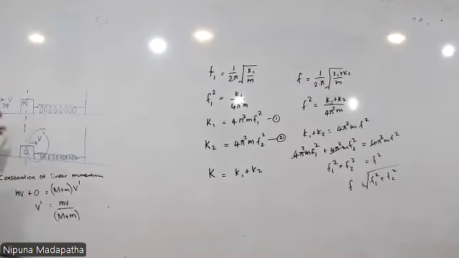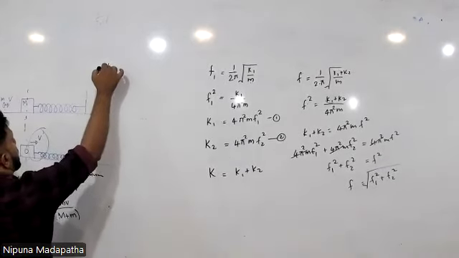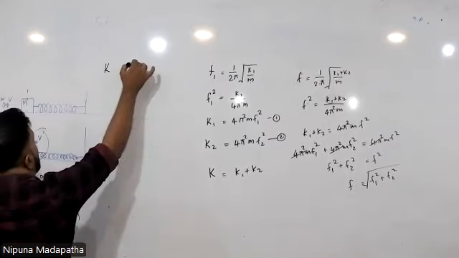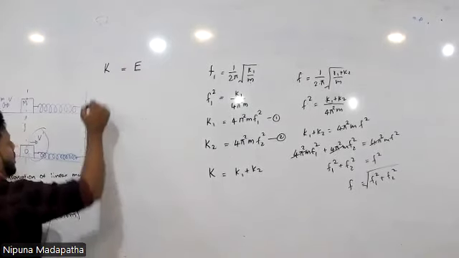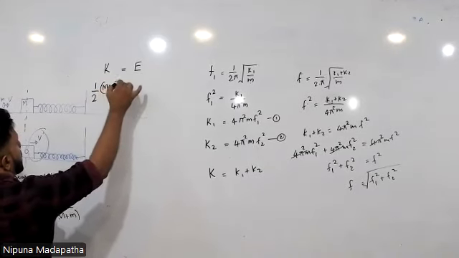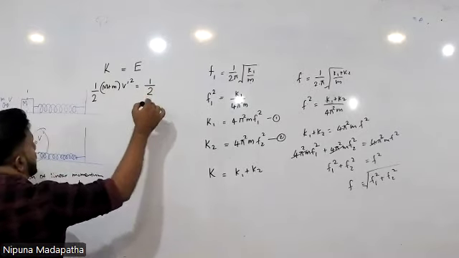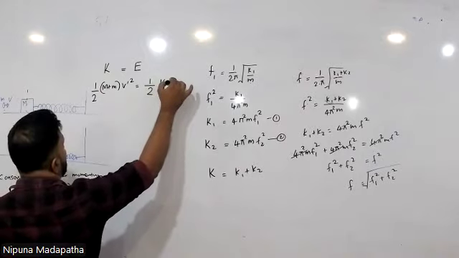Half m v squared, where the mass must be capital M plus small m. So half times capital M plus small m times v dash squared must be equal to half k x squared, the elastic potential energy. The kinetic energy after the collision is given by this expression, and the potential energy stored in the spring is half k x squared.